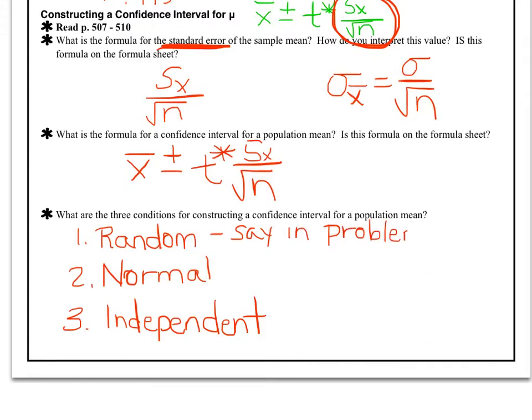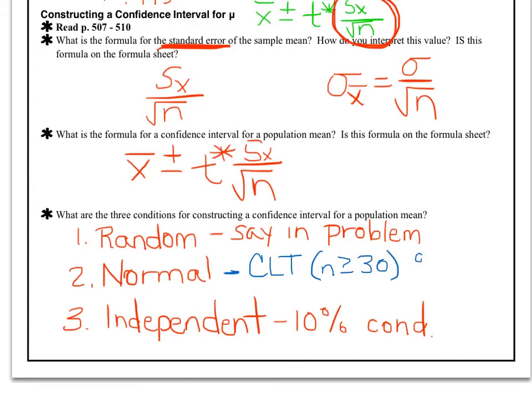If it's independent, it's either independent or use the 10% condition if it's sampling without replacement. For normal, that's the one that's different. For normal, we're talking about means, so we're going to talk about the CLT, which means the sample size has got to be at least 30, or it's got to come from a normal population. So those are our conditions.